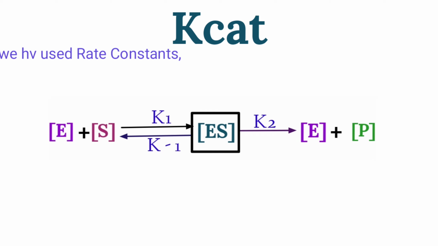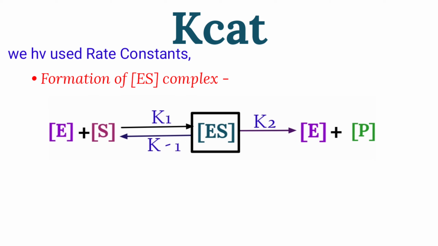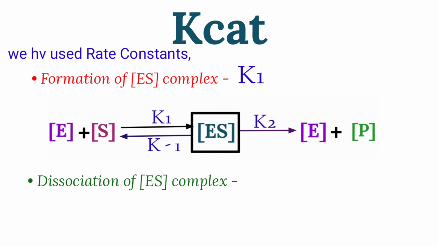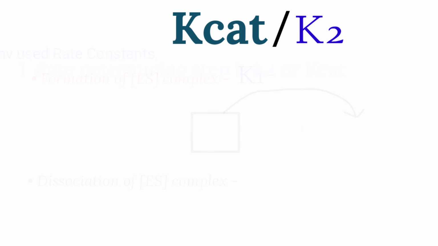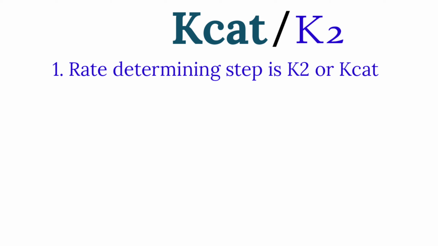We have used rate constants: for formation of the enzyme substrate complex we have used K1, and for dissociation of the enzyme substrate complex we have used K-1 and K2. But here we are talking about product formation, so we will focus on K2 only. So K2 is nothing but the Kcat in this case.